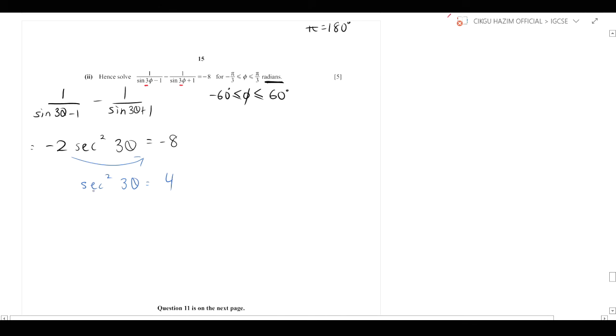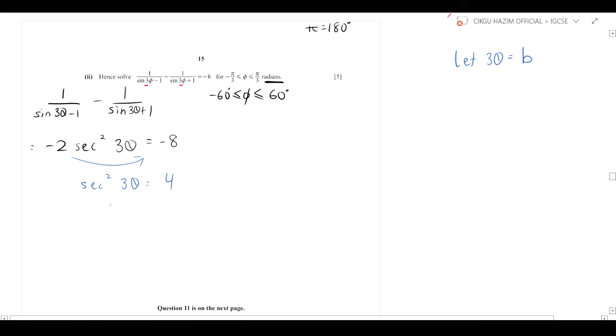Over here, secant square is the basic, but here is 3 theta. It's annoying, I don't like that. We change it to a simpler angle. So I let 3 theta equal to z, or equal to a, or maybe equal to b, any symbol that you want, and equal to b. So what do we have here is secant square b equal to 4.